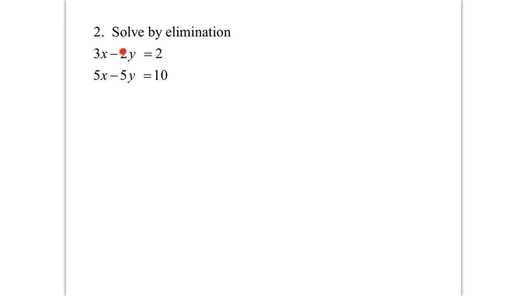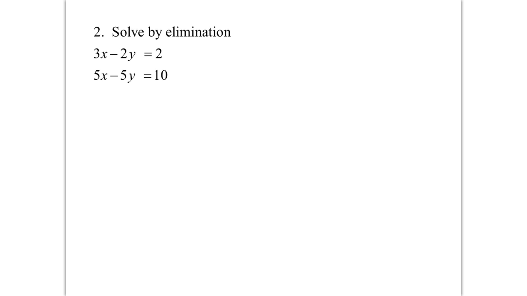So for example, 2 goes into 2, but not the 5. 5 doesn't go into 2. 2 goes into 4, but 5 doesn't go into 4. 2 goes into 6, but 5 doesn't go into 6. 2 goes into 8, but not the 5. 2 goes into 10, and 5 goes into 10. So 10 is your common factor. And you always want to find the lowest common factor.